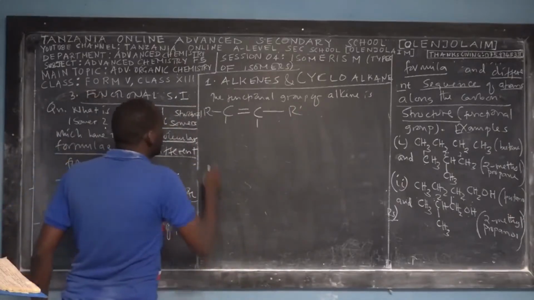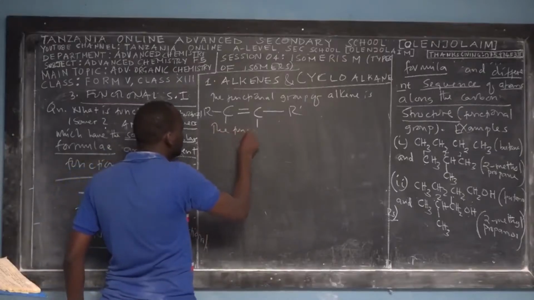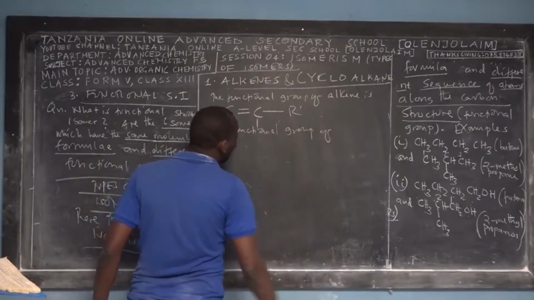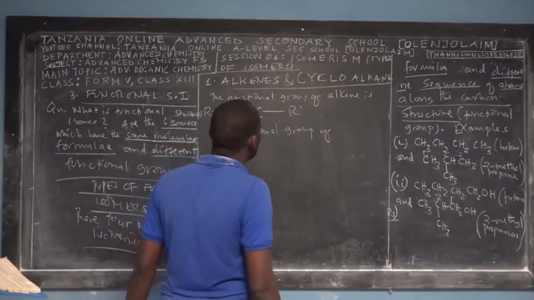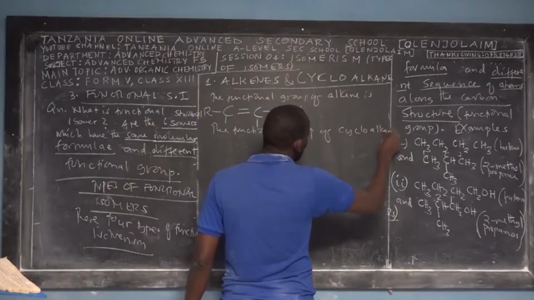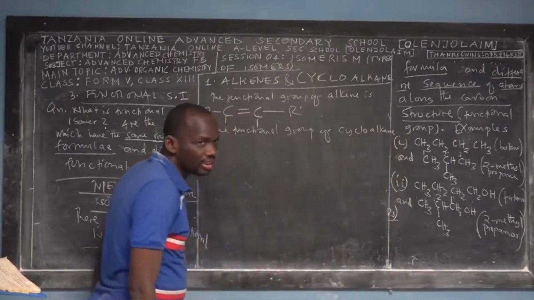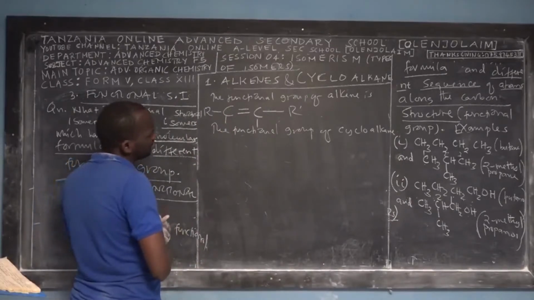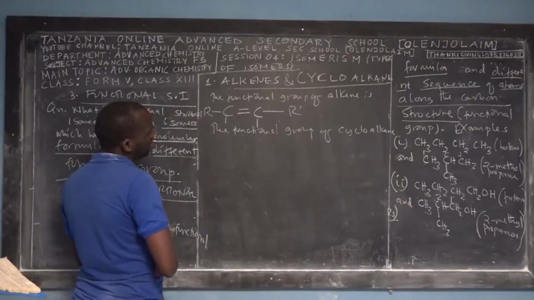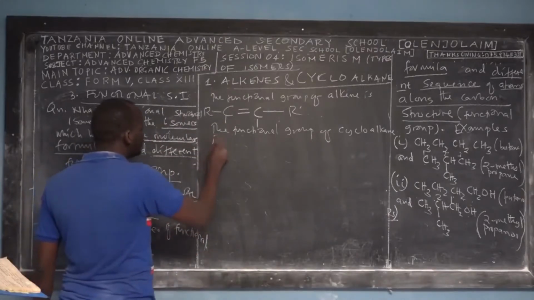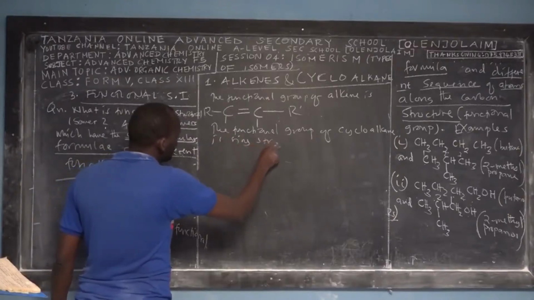The functional group of cycloalkane is a ring structure.